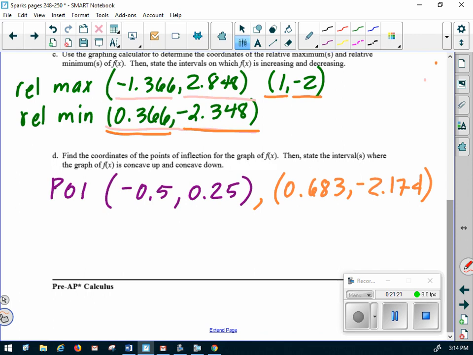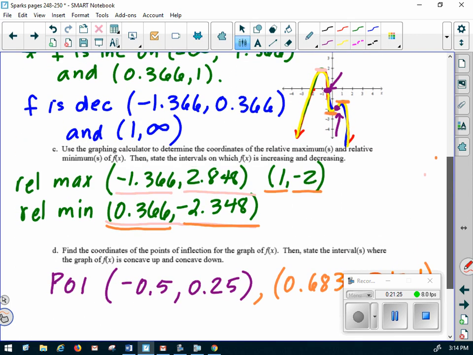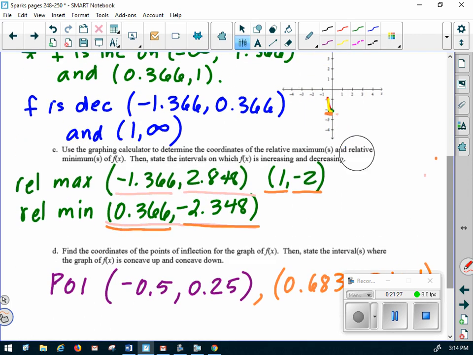Now state the intervals where the graph is concave up and concave down. There's a lot of stuff going on here, huh? I'm going to erase this because all those different colors make my head hurt. So this function is concave down from here to in there. Let's write that down.